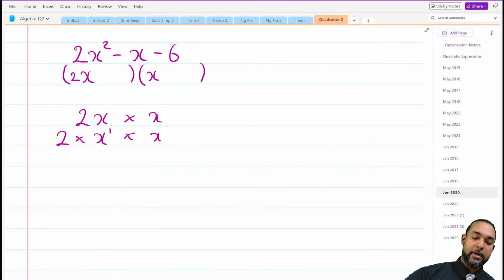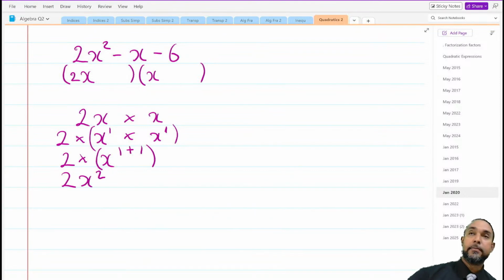Power of 1, right? And when you multiply and you have the same base, what do we do with the powers? We have to add the powers. What's 1 plus 1? 2. Okay, so we know that 2x by x will give us back x squared.